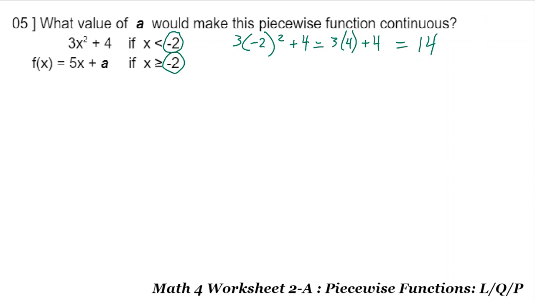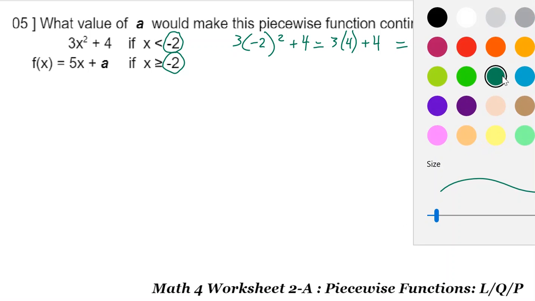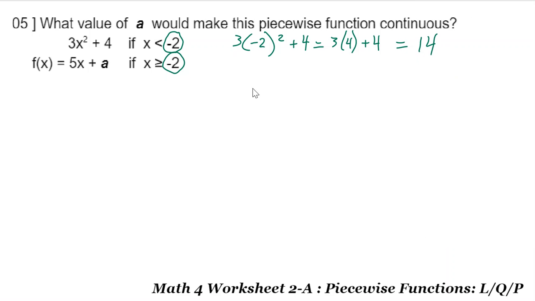So now I'm going to take 5x plus a. Well, I already know that 5x is 5 times -2. And I know that it has to equal 14 because these guys have to match.